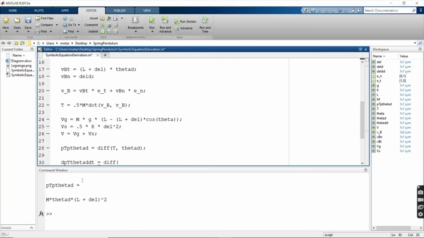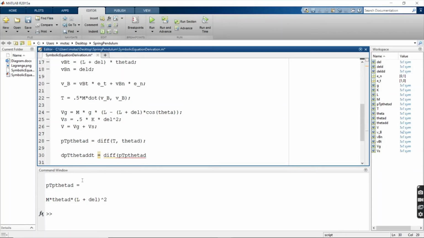differentiate this, just keep it copied, comma, with respect to any variable that depends on time. So theta, and then we have to multiply by theta dot.